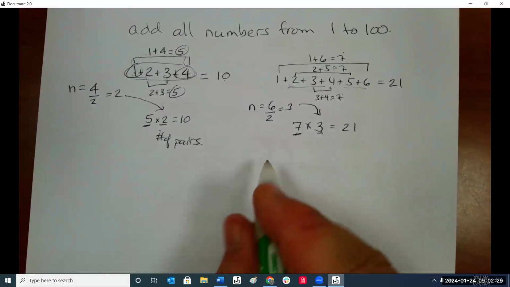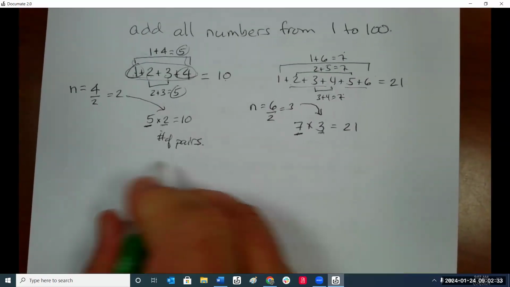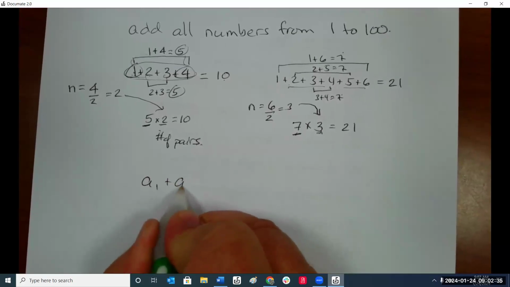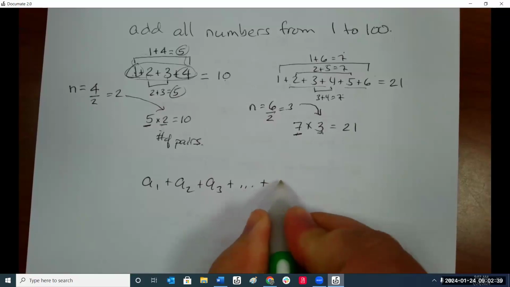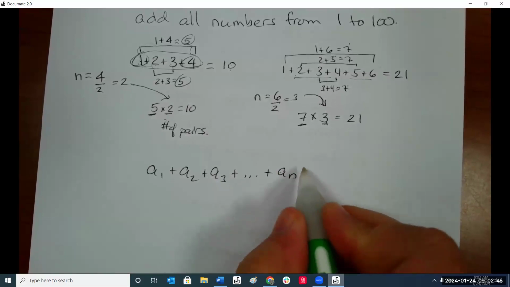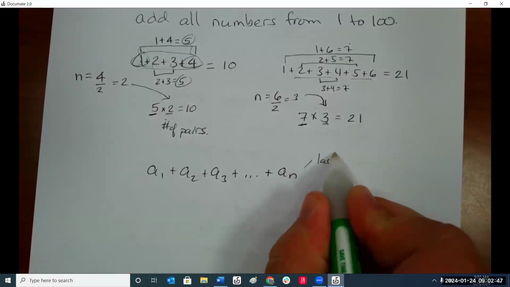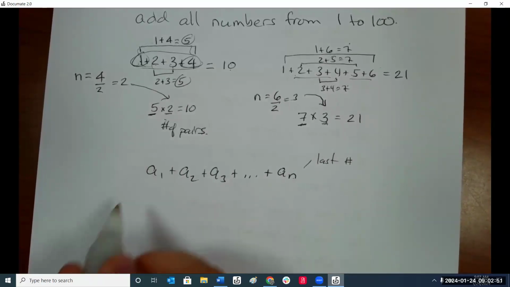So he figured out our solution to this is, if we listed them out this way, a sub n is the last number in the sequence. This is the first one.